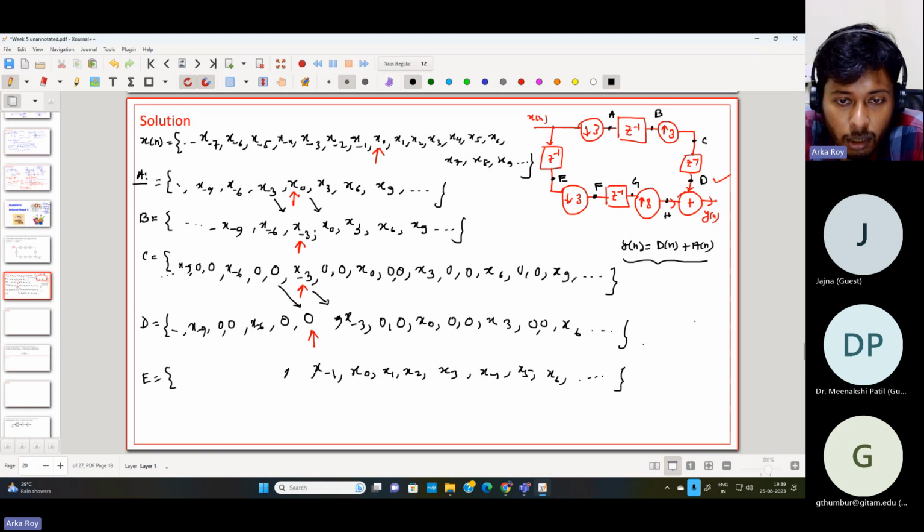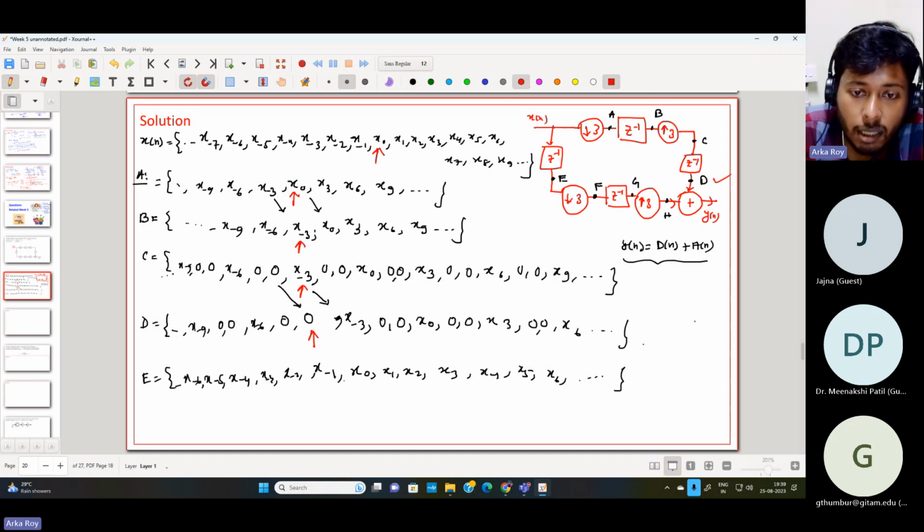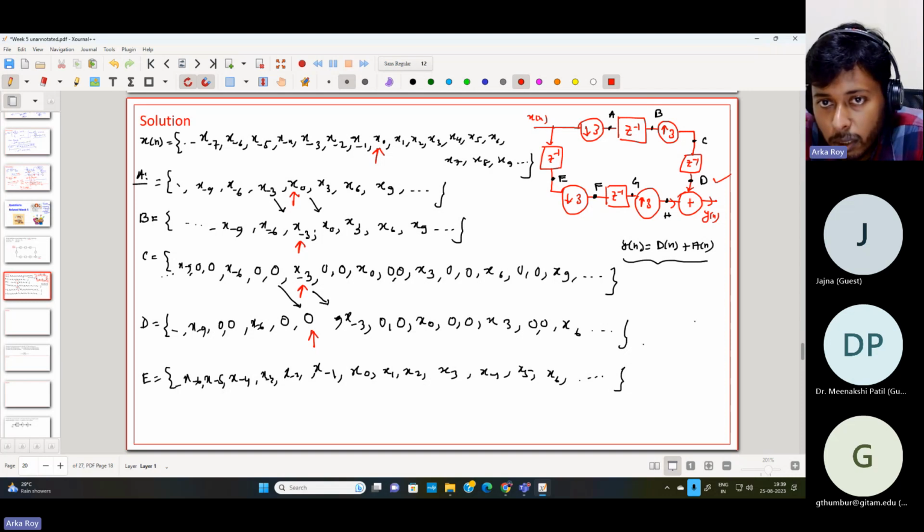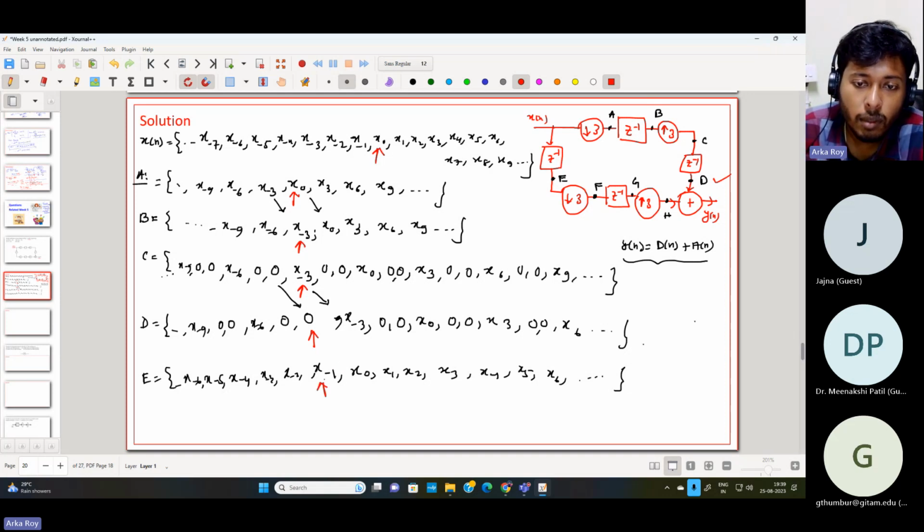And similarly over here it will be x of minus 2, then x of minus 3, then x of minus 4, x of minus 5, x of minus 6, and likewise. The main thing is that x0 has shifted by 1 unit. That means now at the starting index, the sample value is x of minus 1.